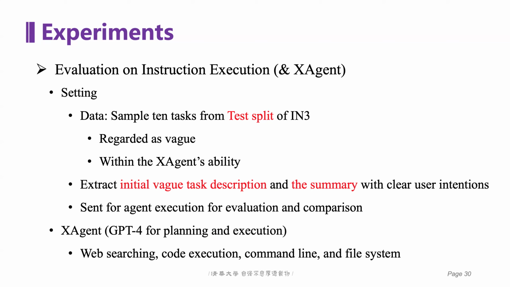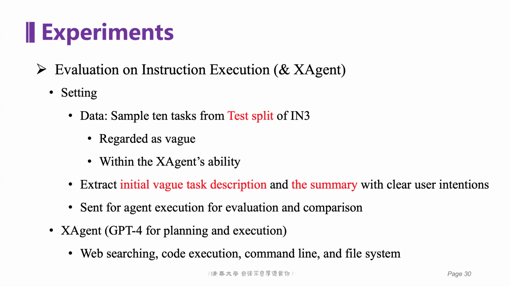We sample 10 tasks from the test split of the IN3, and these 10 tasks are regarded as vague and are within the X agent's ability. We also extract the initial vague task description and the summary with clear user intentions, because in the experiments we want to do a comparison.